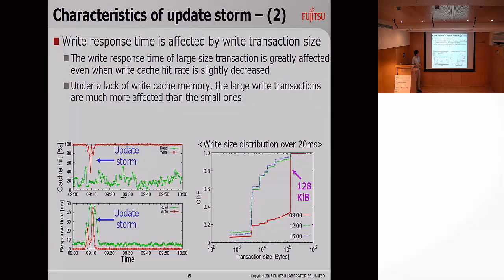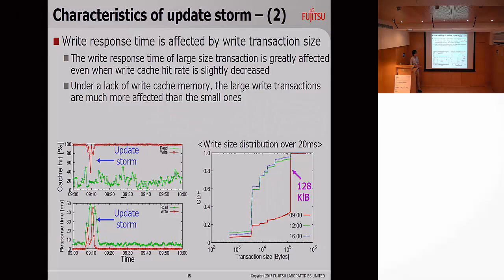Even when the write cache hit rate is slightly decreased, the response time of the large size transactions is greatly affected. Large sizes are affected by the slightly decreased cache hit rate.